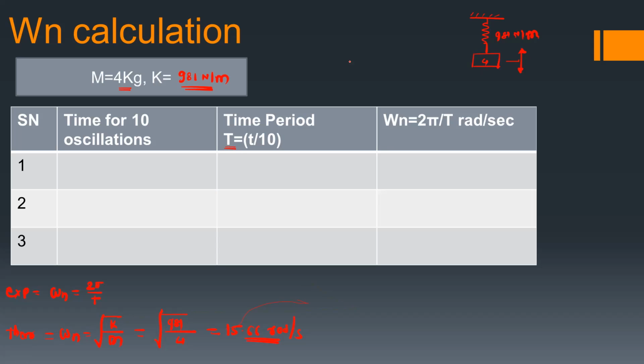As this mass is oscillating, the software gives the waveform, which is displacement versus time. Here this is the x axis and this is the time axis.